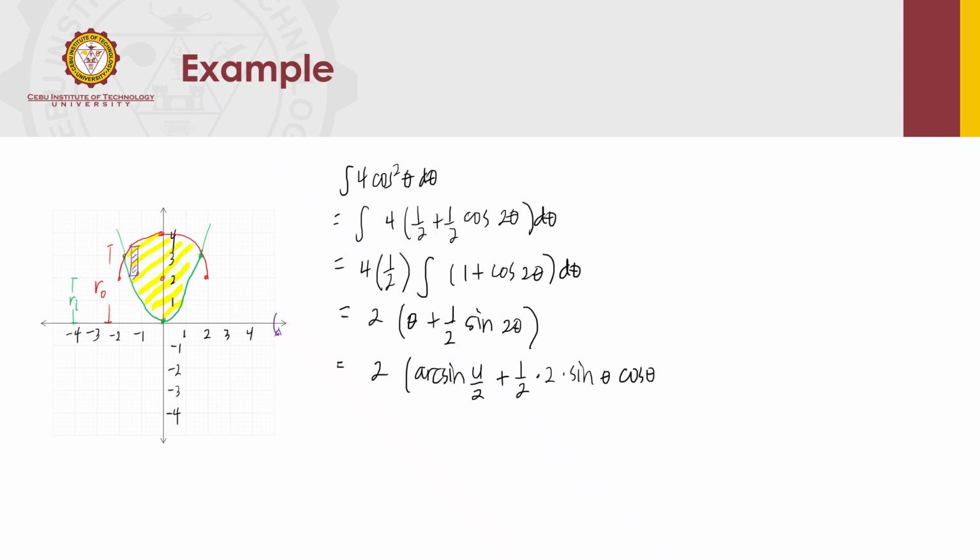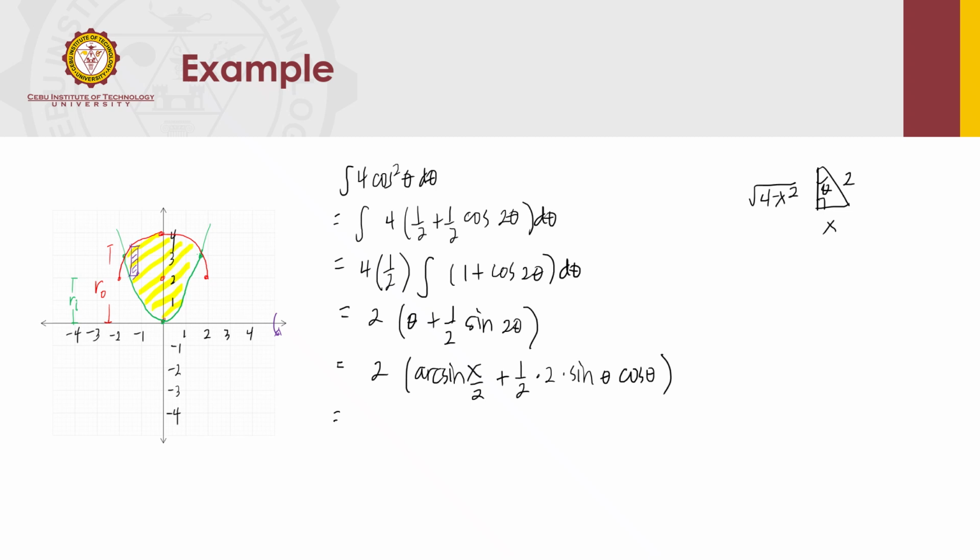So I'm going to replace this with that from the triangle. This is 2 here, and this is x here. So it's square root of 4 minus x squared here. It's arcsine of x over 2 and not u over 2. Sorry, x over 2.